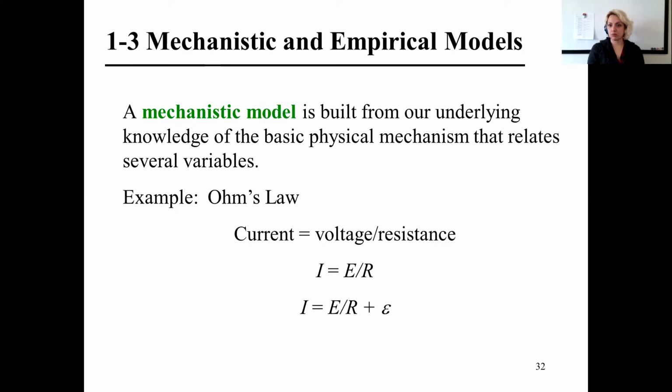That's the mechanistic one. We would say a mechanistic model is built from our underlying knowledge of the basic physical mechanisms that relate several variables. PV equal to nRT, that's the mechanistic model. So all of the mathematical models that you get from the physical mechanism, we call mechanistic.